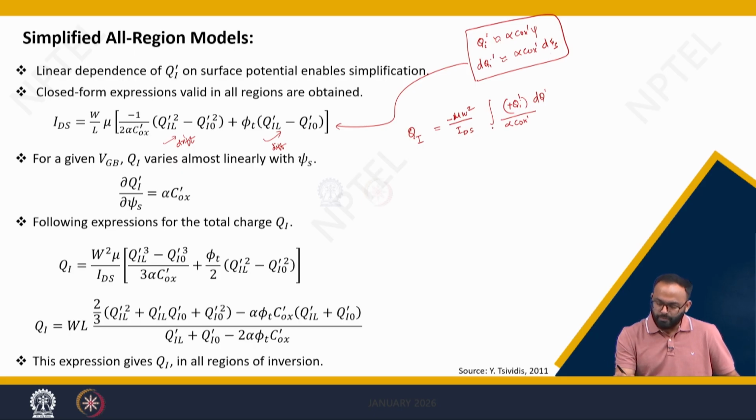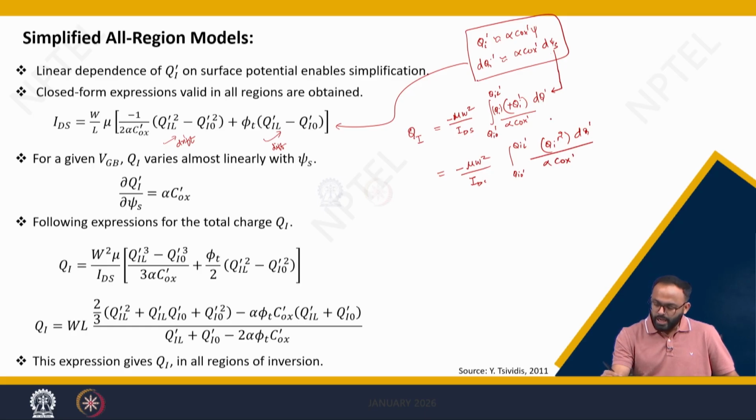Now the integration limit will be in terms of Q dash, which is Qi dash 0 and Qi dash L. This is the part which will be given by delta psi s, but there was an additional Qi which was there in the integration, and hence ultimately you need to solve mu into W square divided by I ds into the integration from Qi 0 dash to Qi L dash of Qi dash square dQ dash divided by alpha into Cox dash.